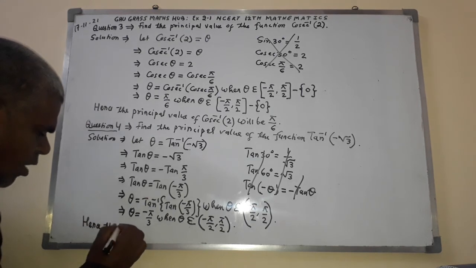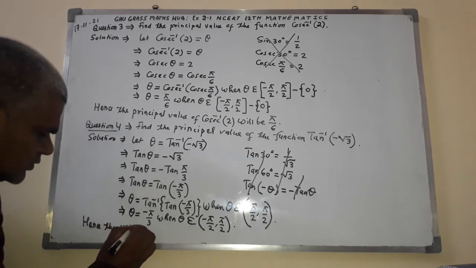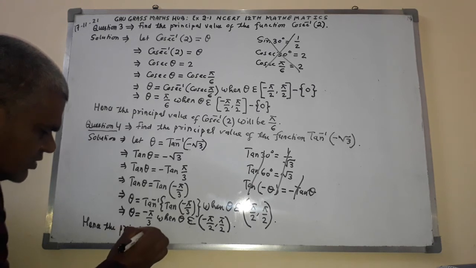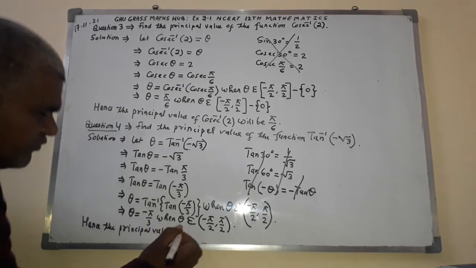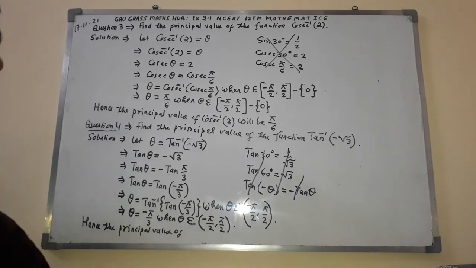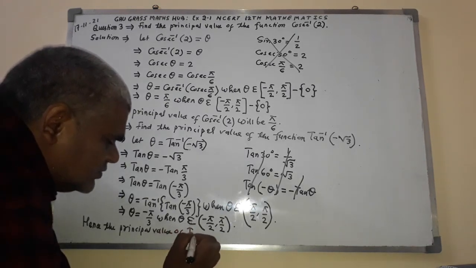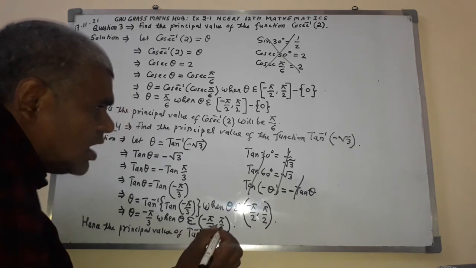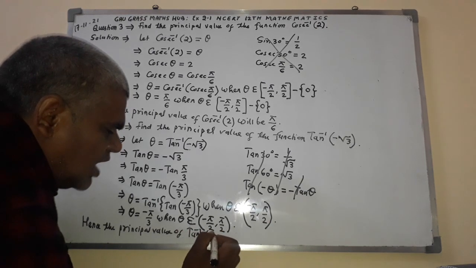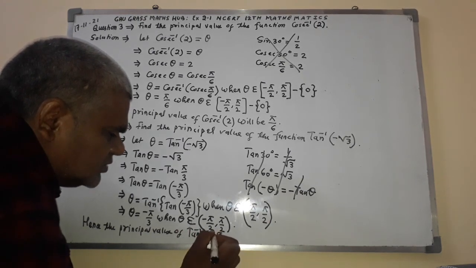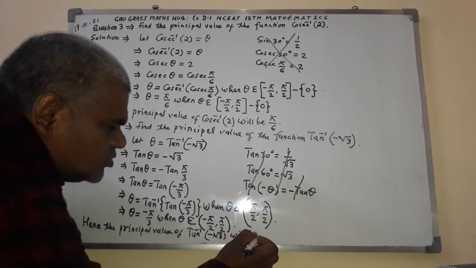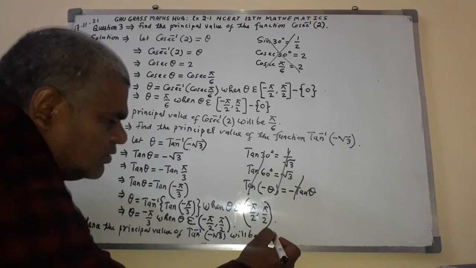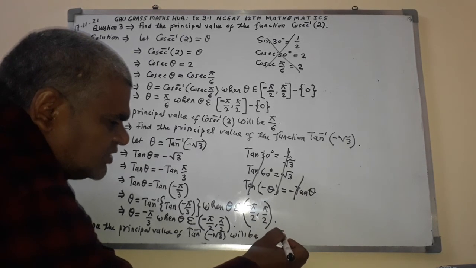Hence the principal value of tan inverse minus under root 3 will be minus pi by 3.